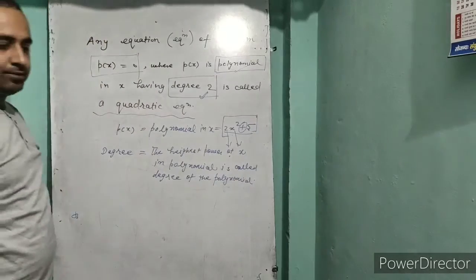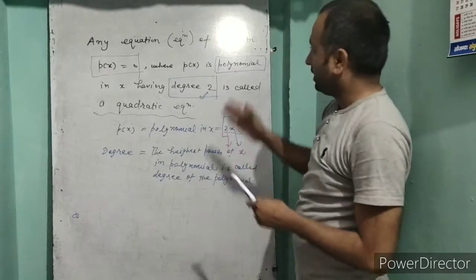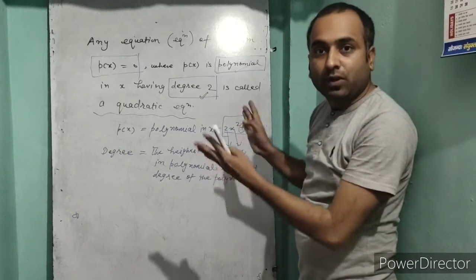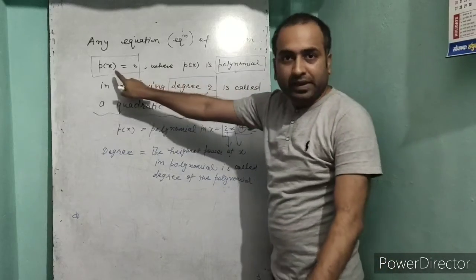Is it clear? So now this is the full explanation of the quadratic equation.